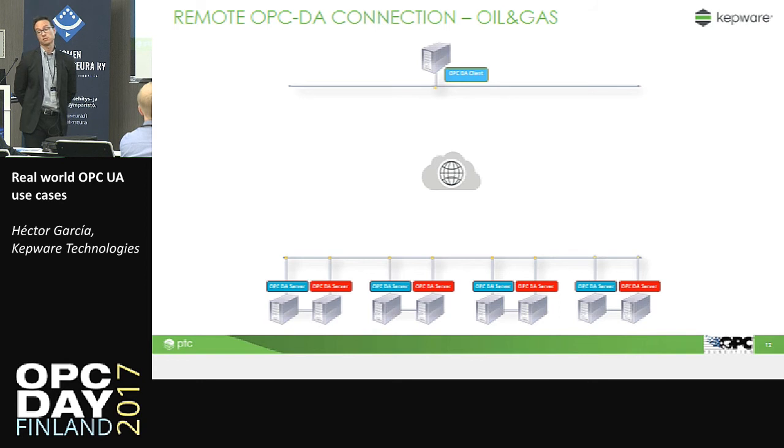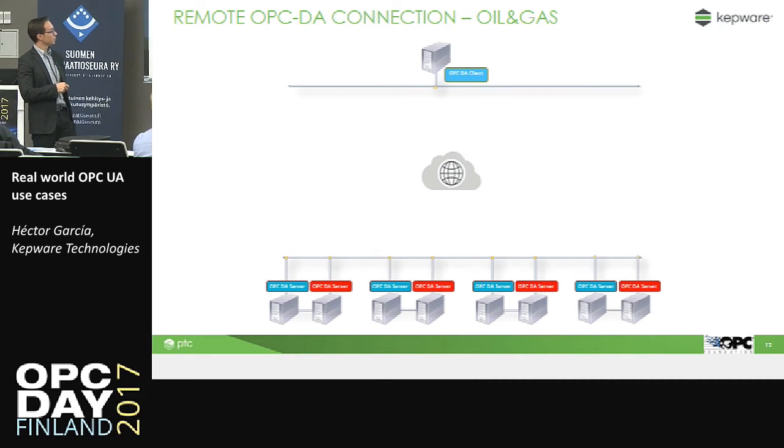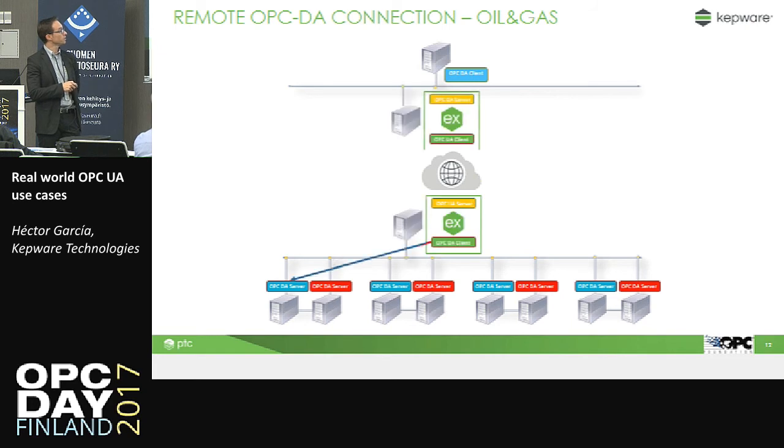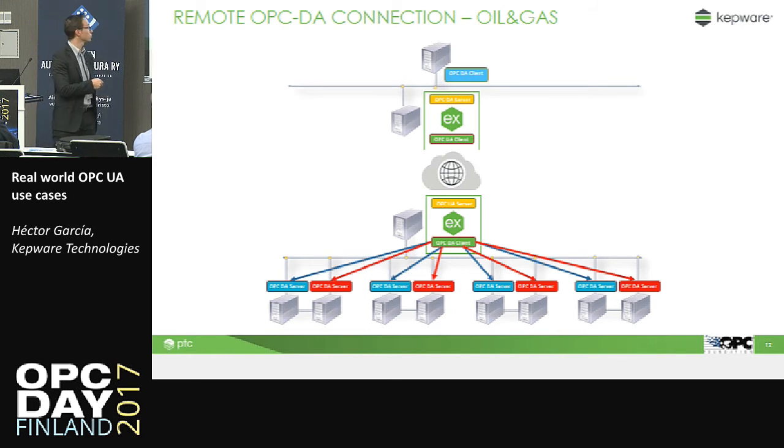Of course, OPC DA is not suitable for communications using a wide area network. So the solution was to install Kepware X next to the OPC DA servers, and convert the data coming from these DA servers in pairs into OPC UA, and on the other side use the OPC UA client driver and convert again to an OPC DA server, so that this historian was able to understand what was coming from here.